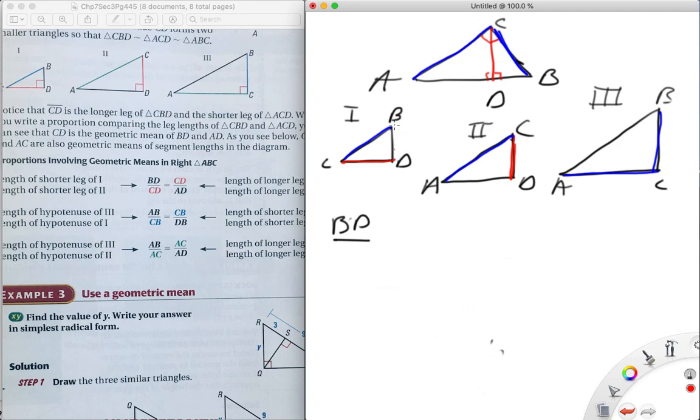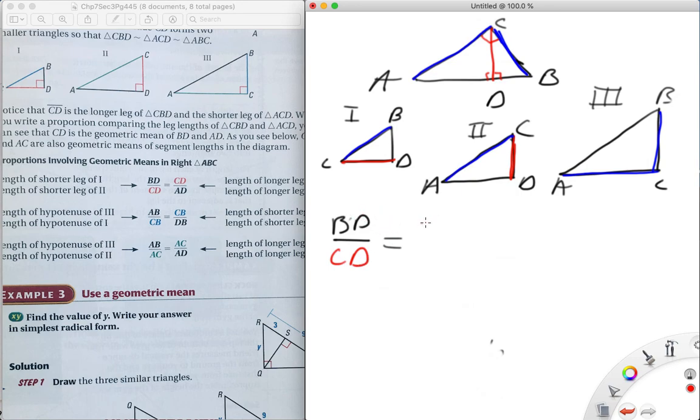BD is the length of the shorter leg of the small triangle, so the short leg of the small triangle over the short leg of the medium triangle. That short leg of the medium triangle is also the long leg of the short triangle, over the long leg of the medium triangle. So small to big.